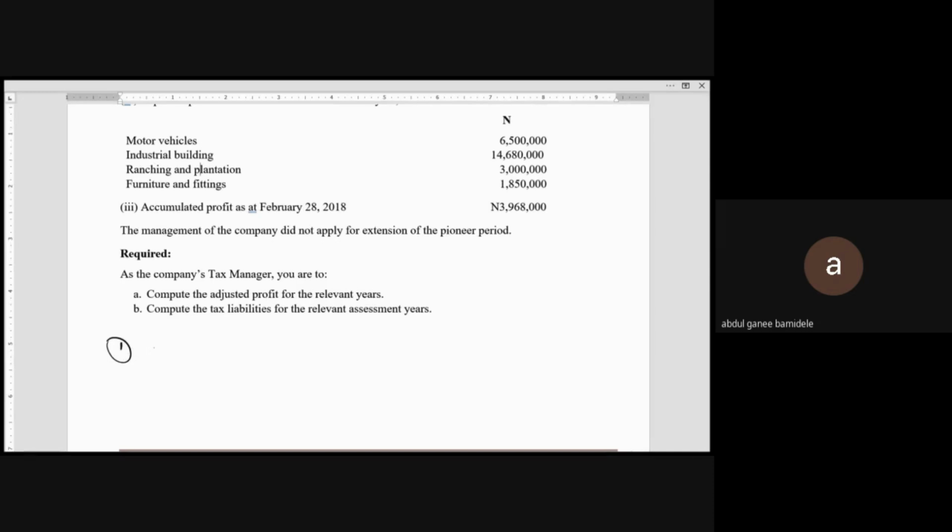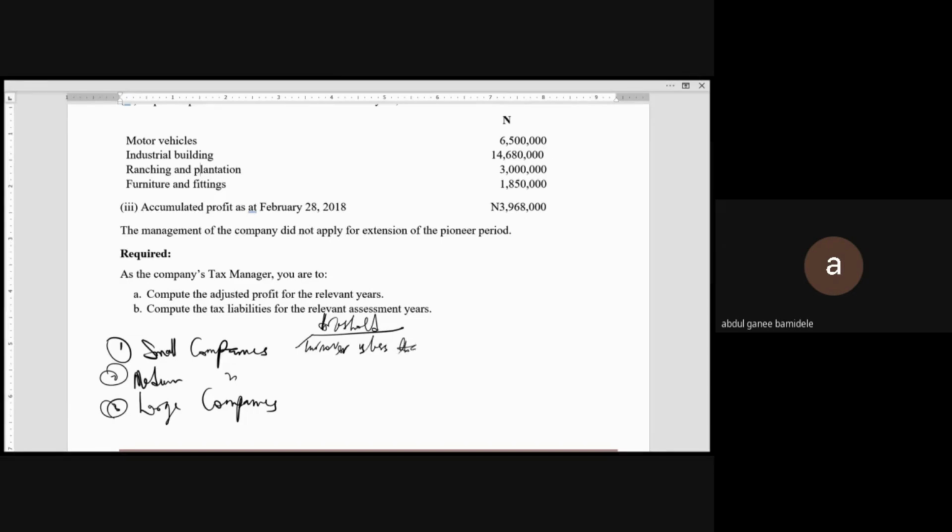We have small companies, medium-size companies, and large companies, right? Now, for each of these there is a threshold. To qualify as a small company, your turnover is 25 million naira and below.